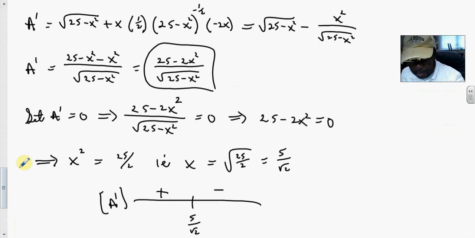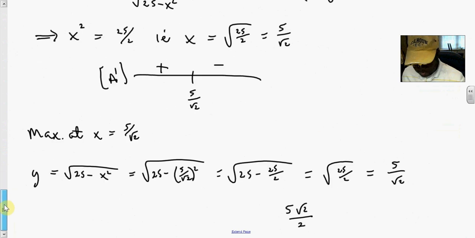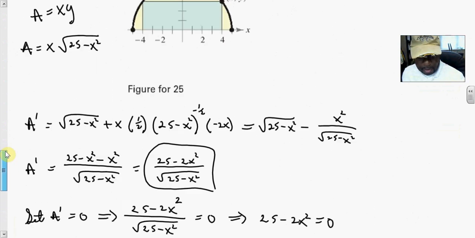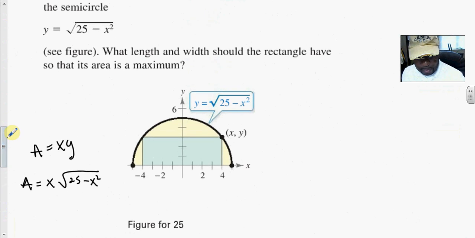So this value here was x squared equal to 25 divided by 2. We took the square root of that, and that gave us 5 over the square root of 2. And that's 5 times the square root of 2 divided by 2, which is that number. So we take x to be that, plug it in for y.